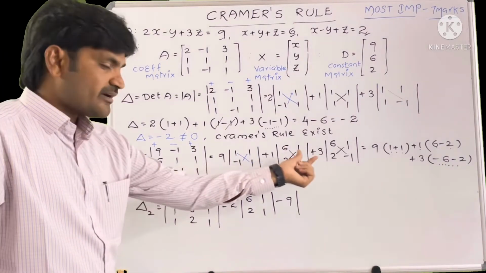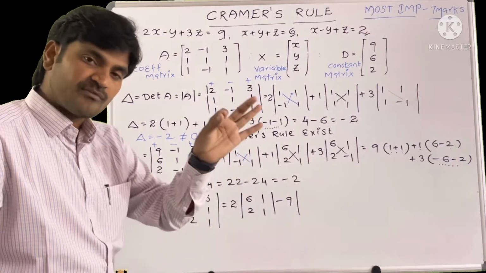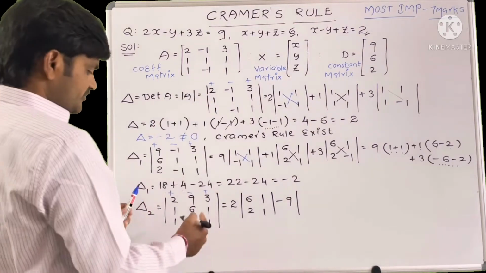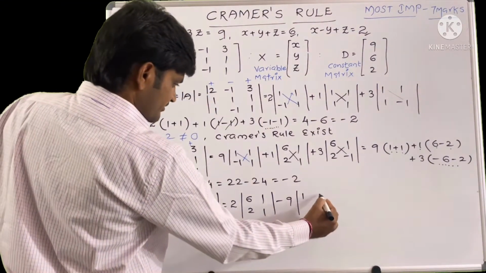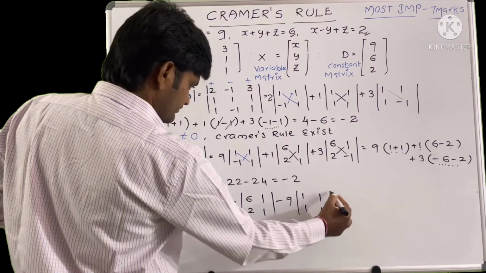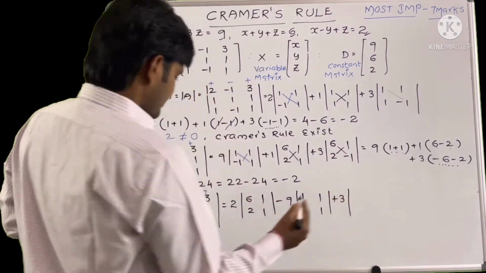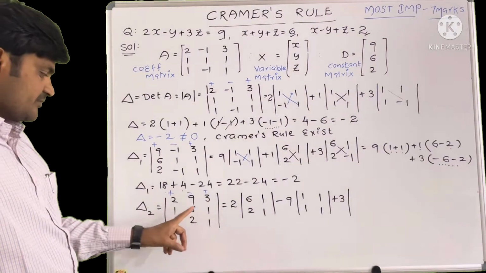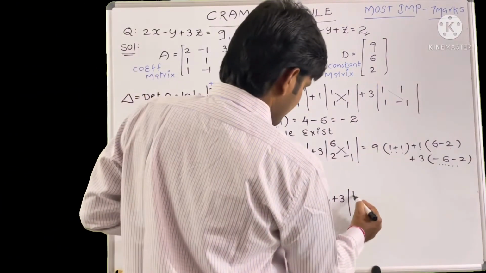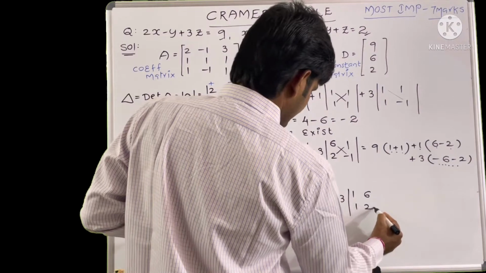As we found the delta 1 value, delta 2 and delta 3 should be found the same way, right? So minus 9 1 1 1 1 and plus 3, start: 1 6 1 2 1 6 1 2.